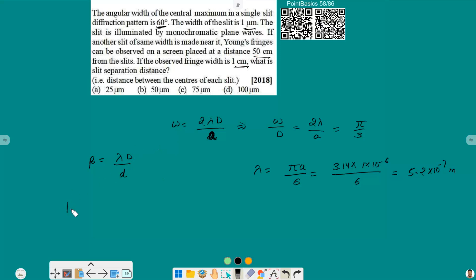So 1 into 10 raised to power minus 2 is equal to 5.2 into 10 raised to power minus 7 into the screen distance, that is 0.5 meter, divided by small d. So small d will be 5.2 into 10 raised to power minus 7 into 0.5 divided by 10 raised to power minus 2. On solving this, we will get 26 into 10 raised to power minus 6 meter, that is 26 micrometer, and that is the option nearest to option A.